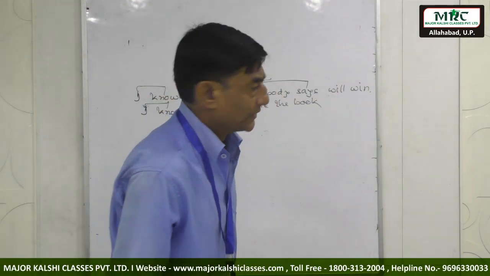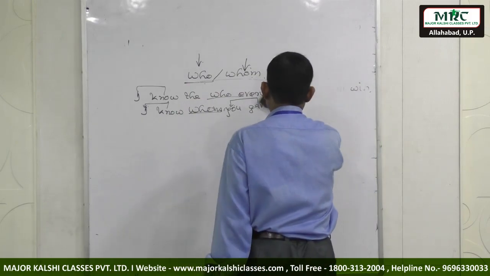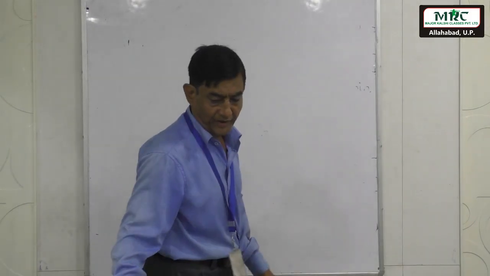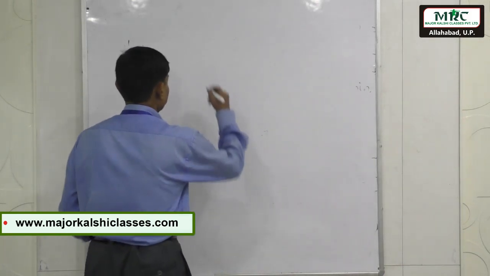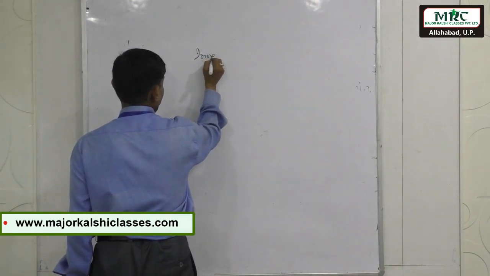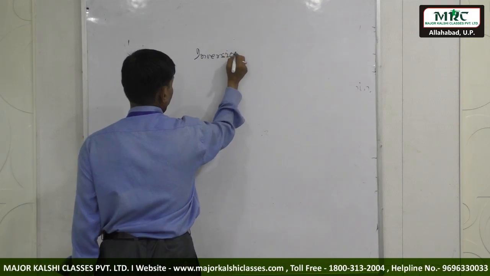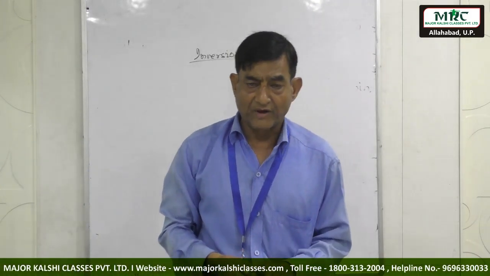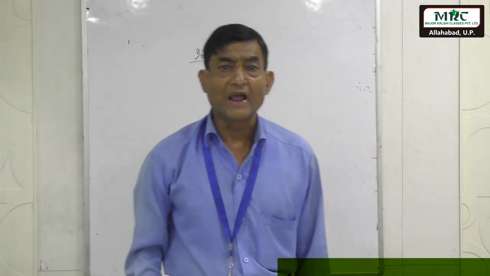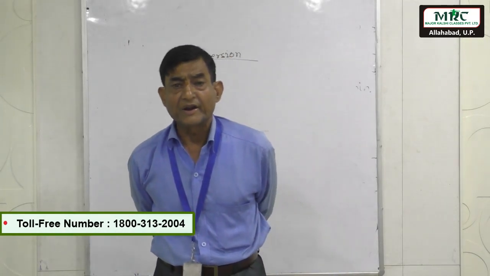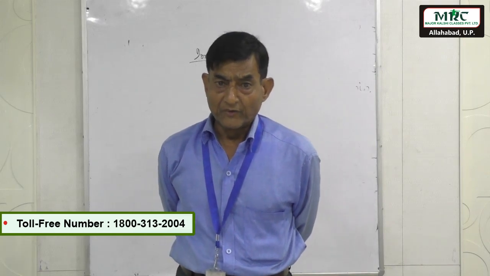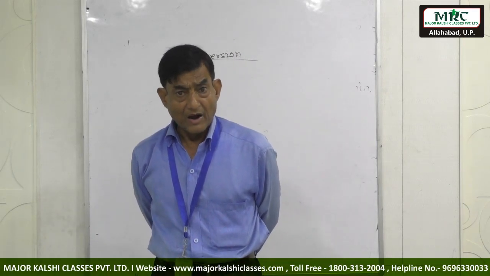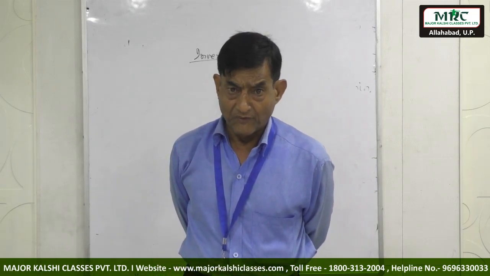Then comes the very important part of adverb, and that is inversion. The rule of inversion says that whenever a sentence begins with an adverb, it takes inversion. That means we have to use the subject only after the use of the verb.